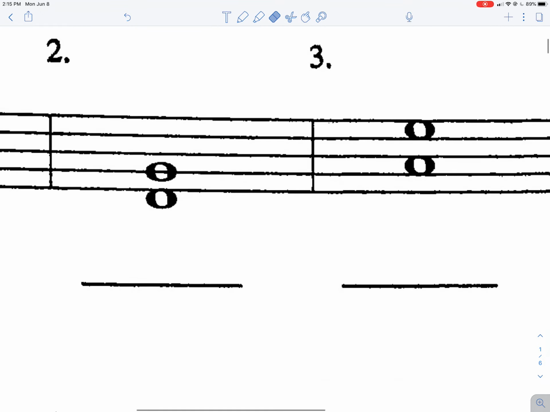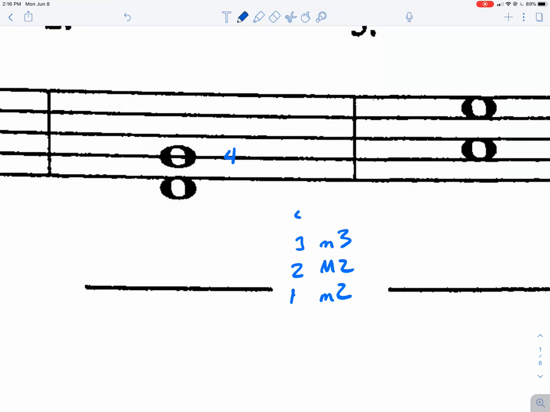Remember, we have that whole chart about whole steps and half steps. I'll write it out again if you want to reference it. One half step is a minor second, 2 is a major second, 3 is a minor third, 4 is a major third, 5 is a perfect fourth.